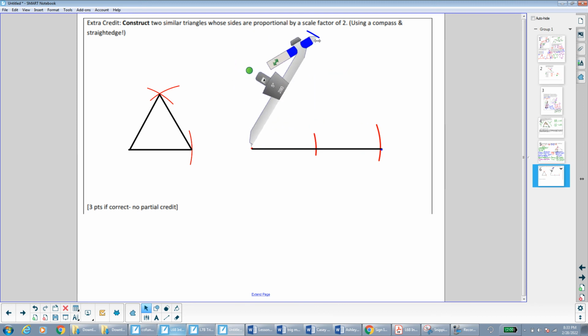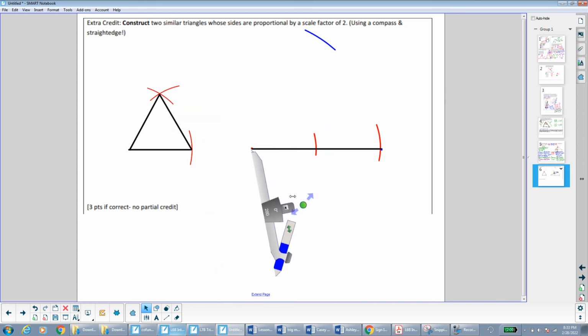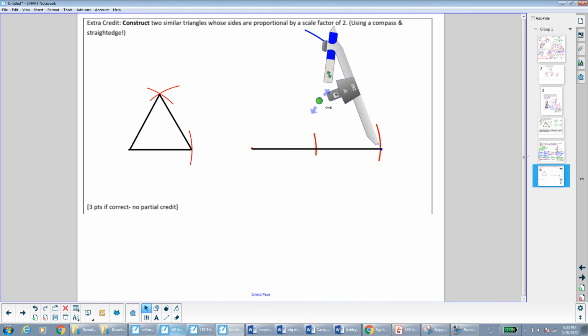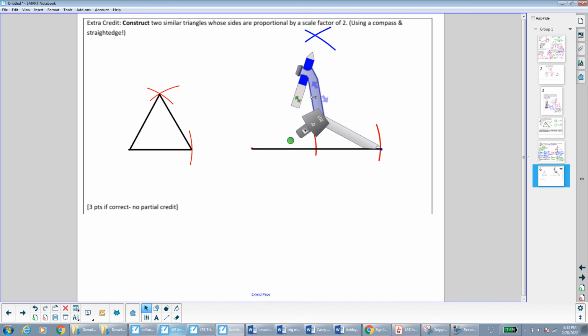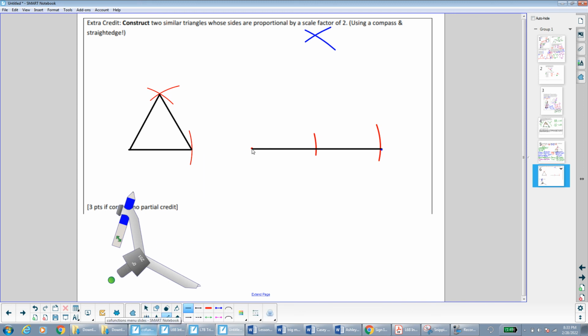Let me make an arc here. On the other endpoint, let me make another arc. Trying to not mess this up. There we go. Good thing I moved the compass when I was done anyway. And then I'll just draw a line segment to my intersection points.